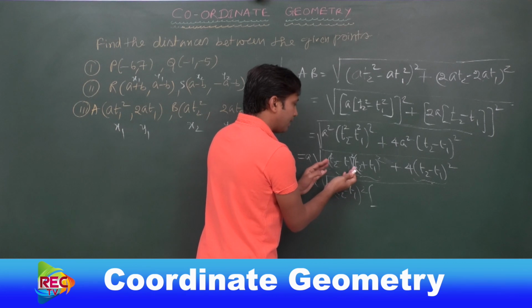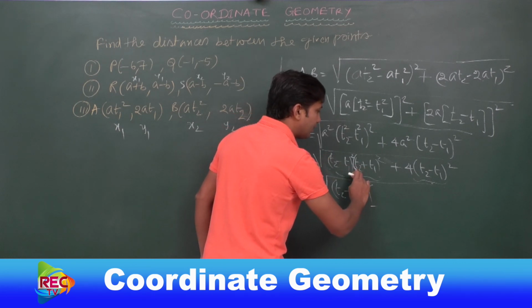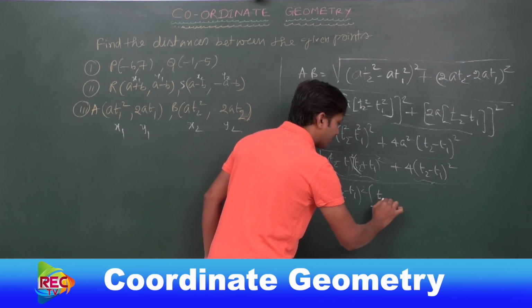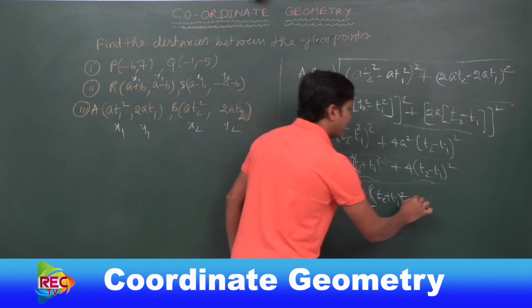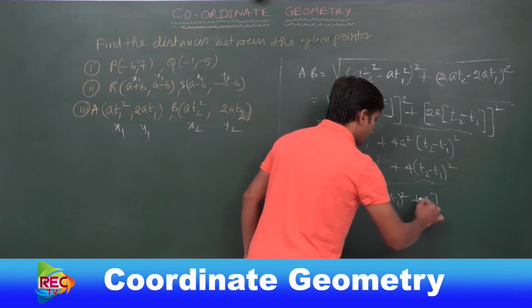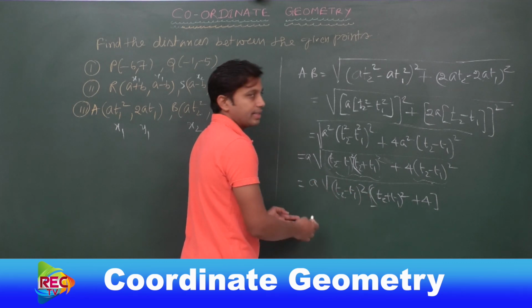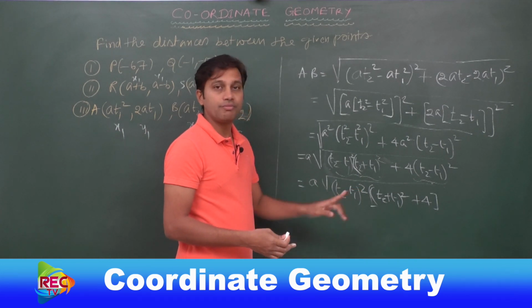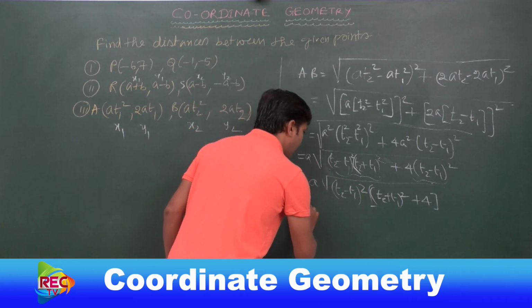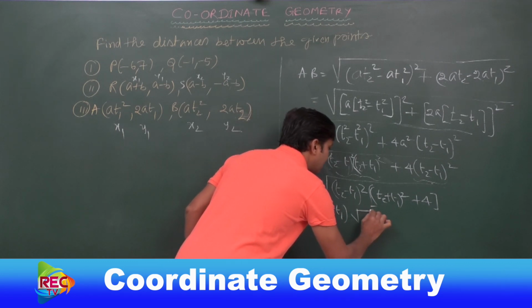Since we took t2 minus t1 whole square outside, then here t2 plus t1 whole square will be left, and plus 4. Now as there is a square for this term, we can take it outside. When we take it outside, the square will be cut down with the square root. So then we can take it outside: a into t2 minus t1.